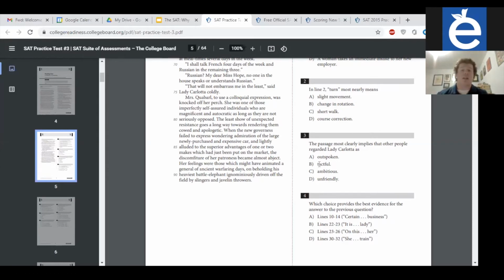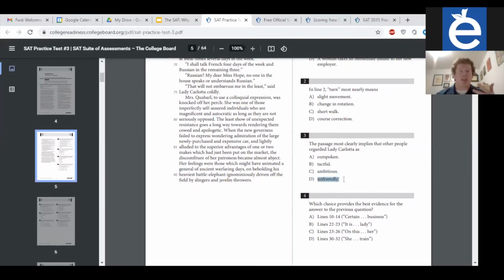Something like tactful, not going to fit in if people are telling her to mind her own business. So we can eliminate tactful. Now let's look at our other ones: outspoken, ambitious, and unfriendly. Outspoken probably fits pretty directly if people were telling her to mind her own business.